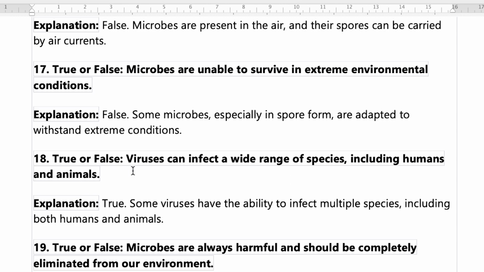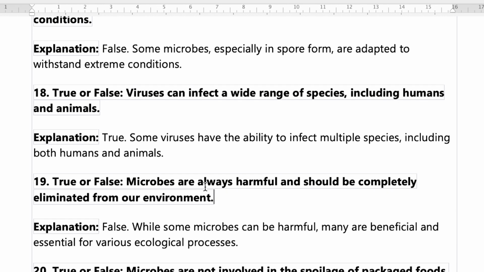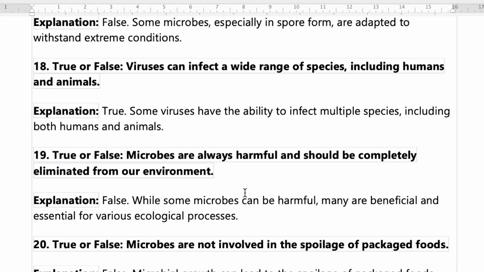Number eighteen, viruses can infect a wide range of species, including humans and animals. It says here that they have the ability to infect multiple species, as with the chicken example that I have been telling about. Nineteen, microbes are always harmful. This is wrong.